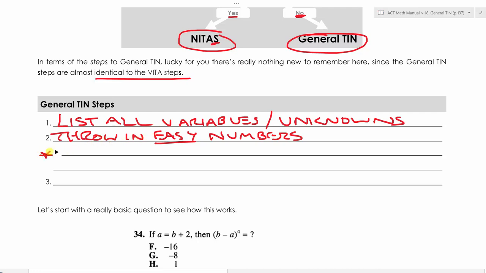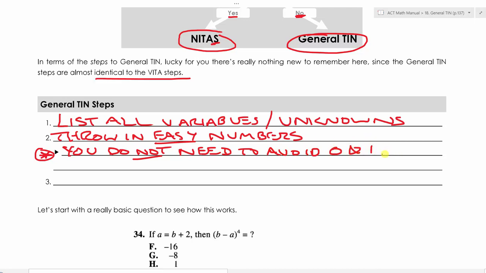Now, one big difference between General Tin and Vita, and something that makes General Tin a lot easier to use than Vita, is this. You do not need to avoid 0 and 1.